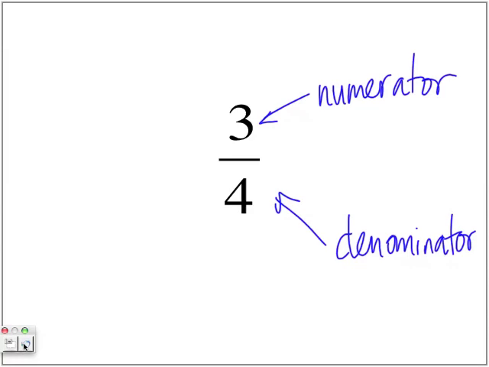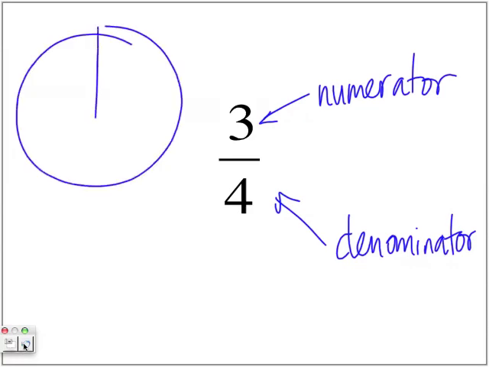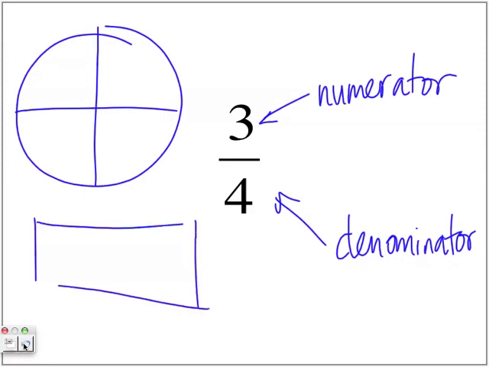4 pieces. Now, I can either show it to you in terms of a pizza, broken down into 4 pieces, or I can use a bar and break this bar into 4 equal pieces. Remember, the pieces must be equal to one another.